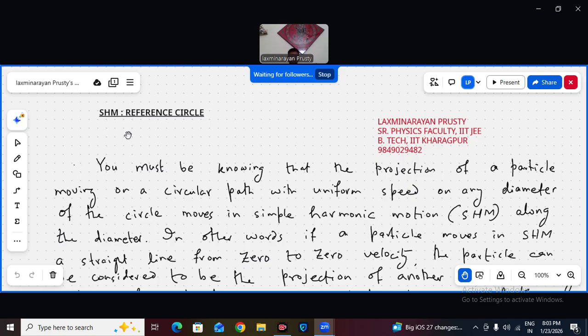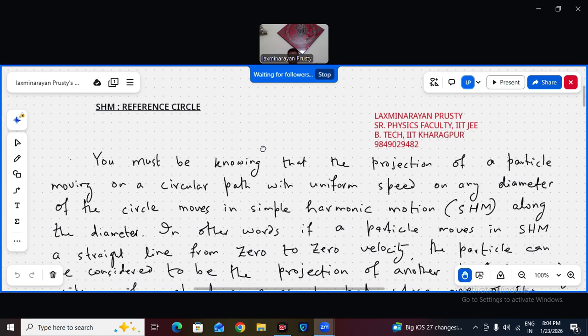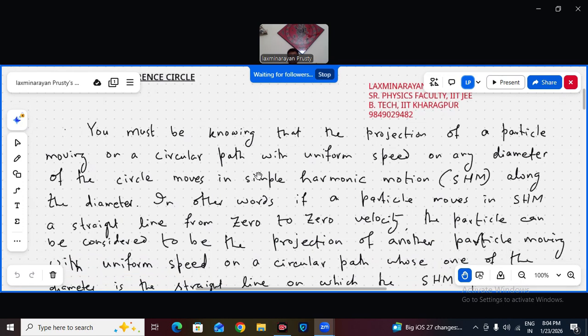Especially when the SHM is in a straight line, these reference circles play a very useful role. They make the problems easier to solve.